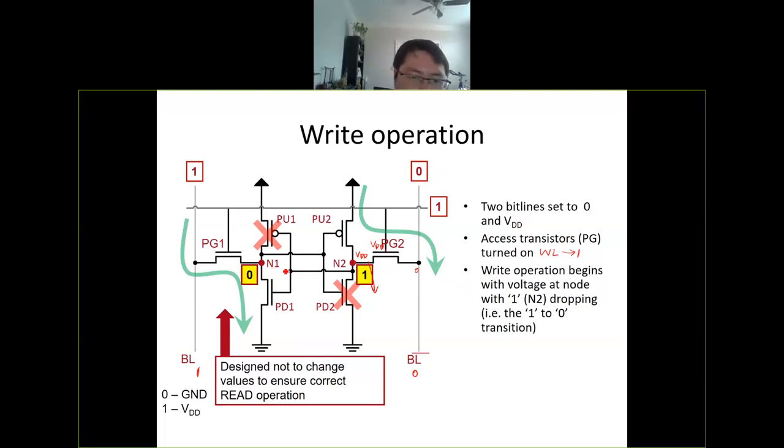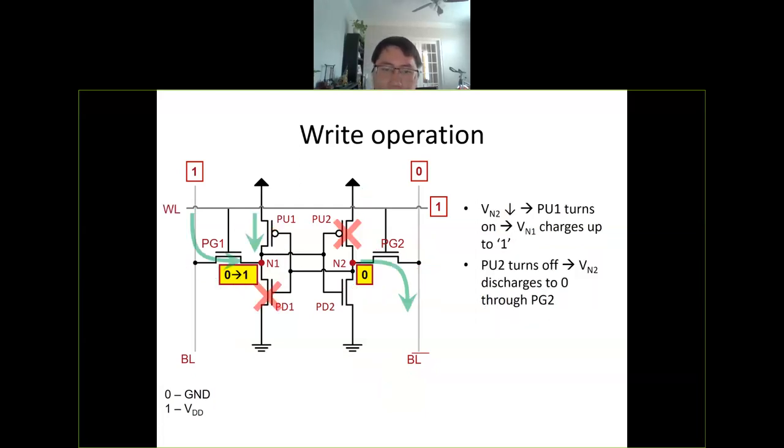That means N1 will increase a little bit, but N1 will not increase too much because in the read operation, by design, you don't increase it too much. So that means N1, the 0 to 1 transition will not happen. So what needs to happen first is that this N2, 1 to 0 transition needs to happen first.